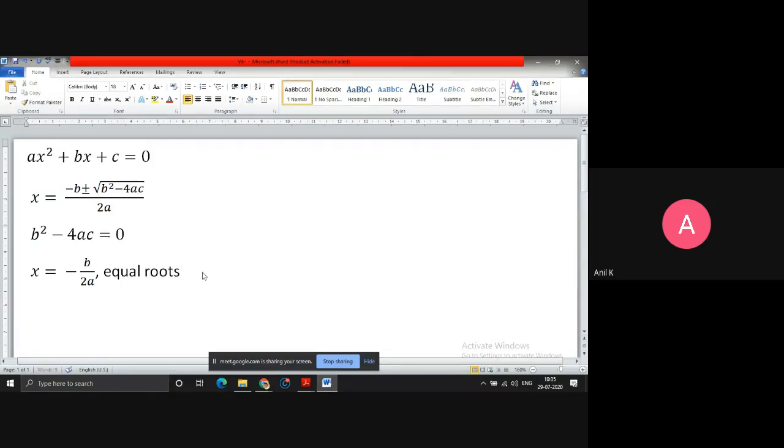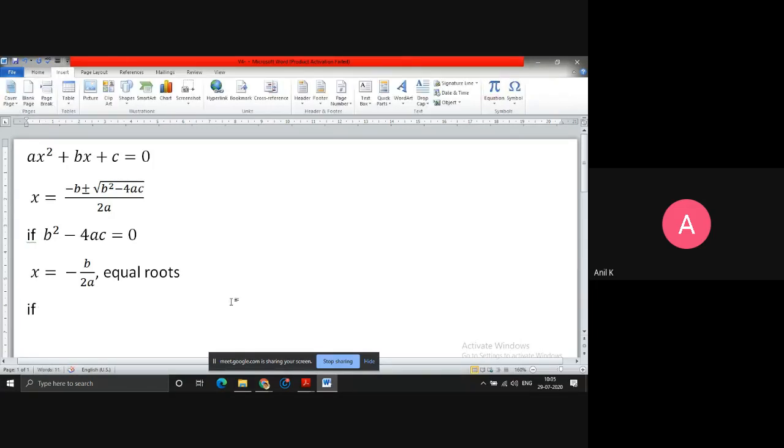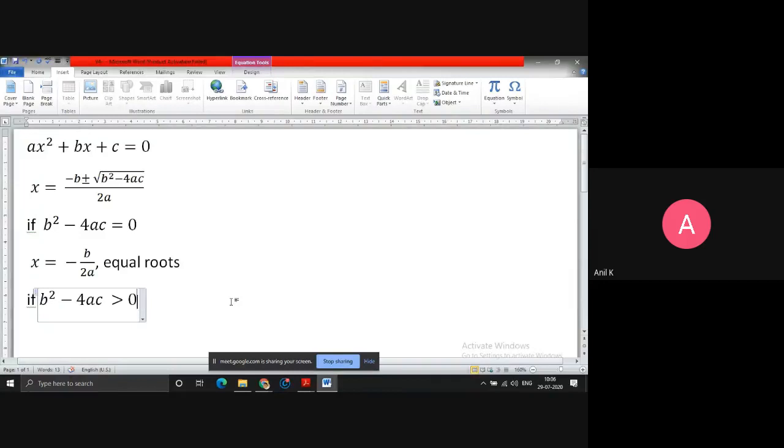Okay, the second case will come. Let me put it here. In the second case, if b square minus 4ac is greater than 0. Greater than 0 means it is a positive number. Whatever answer comes, it has to be a positive number.